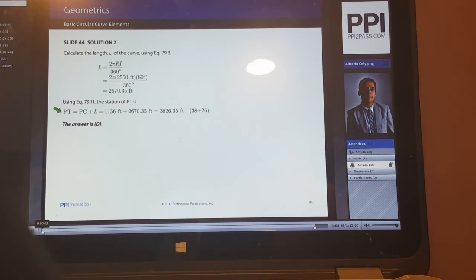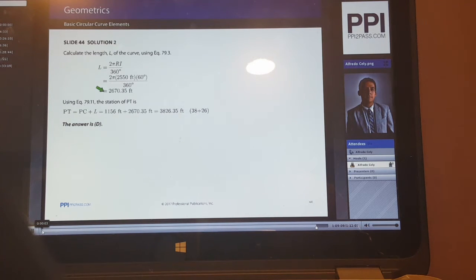So you can see PT on the tangent is going to equal my PC plus the length of my arc. So the length of my arc is going to be equal to 2 times pi times the radius of the curve times the angle between the two tangents, my angle of inflection, over 360 degrees.